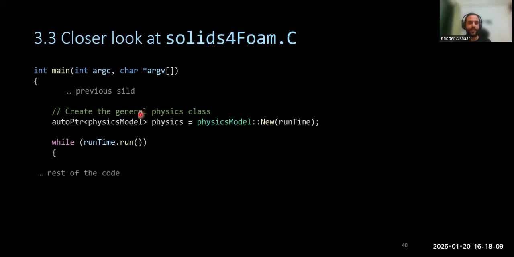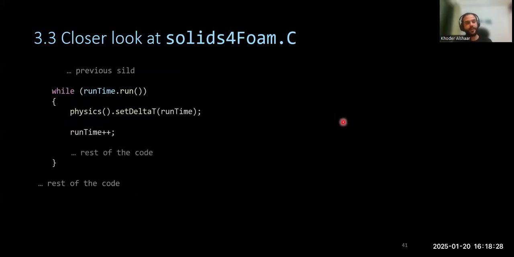So when you see this line in OpenFOAM, you know that there is some runtime selection table going on, and a solid model or fluid model or fluid-solid interaction model will be selected according to the user. Next is the physical time loop here. So similar to before, we have a physical time loop, which is a while loop here. And inside the while loop, we'll have physics.setDeltaT, which is a virtual function.